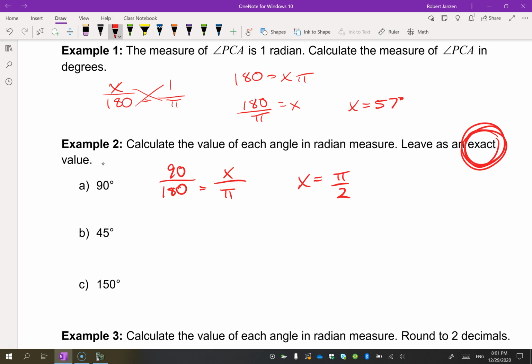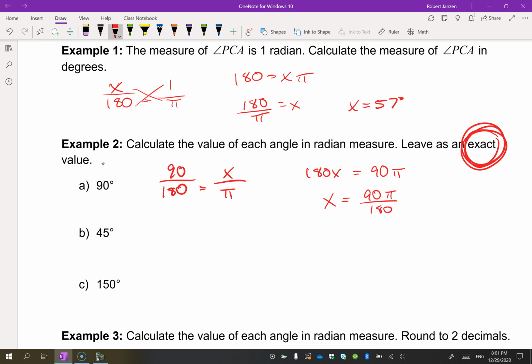Now if you don't see that, let's actually do the math. Let's see where this comes from. Okay, so we cross multiply, we get 180x is 90 pi. Okay, if I want to divide by 180, I get x is 90 pi over 180.